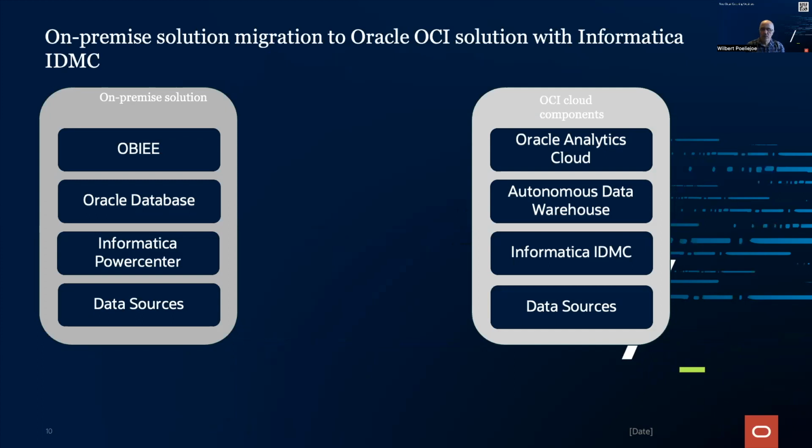We will leverage Informatica IDMC, and for the database we're going to use the Autonomous Data Warehouse because of its great advantages of no maintenance and a lot of autonomous capabilities. The Oracle Analytics Cloud platform is the logical step to move from OBIEE to OAC.